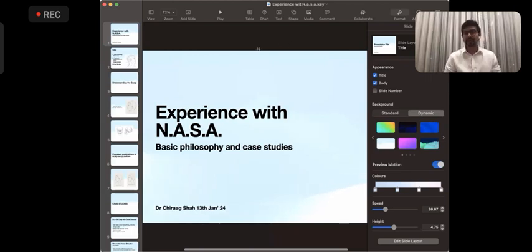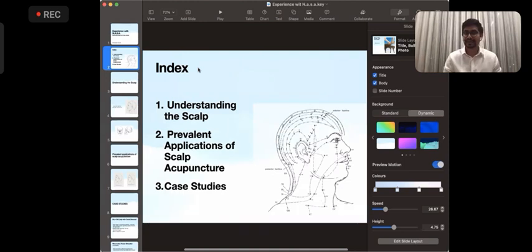We will go through three main indexes. The first of which is understanding the scalp. Now, when you have to understand the scalp, you have to not only understand the anatomy, the physical structure, but also the energetic structure of the scalp.